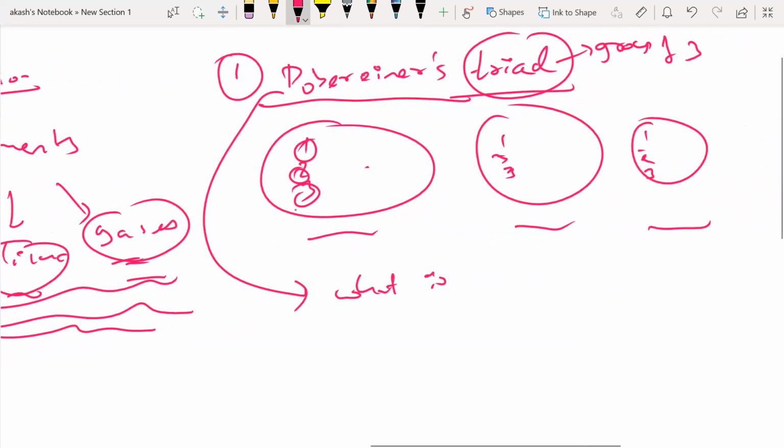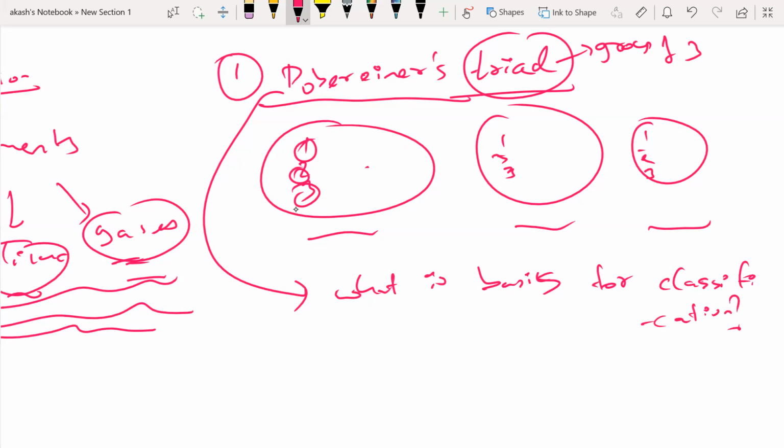Similarly, what is the basis for classification in Dobereiner's triads? Or there's another way of asking it: what is the periodic function used in Dobereiner's triads? What do you mean by periodic function? Periodic means repeating.